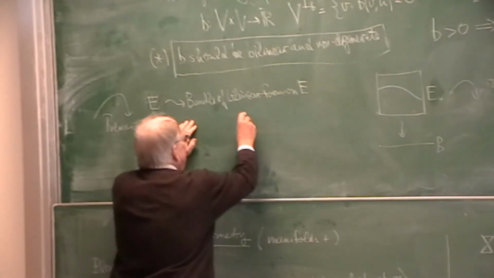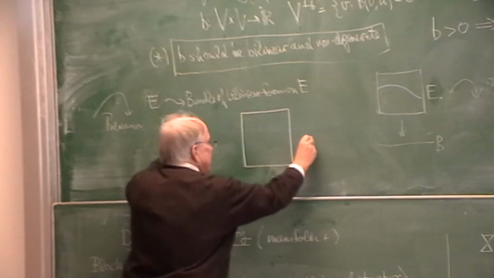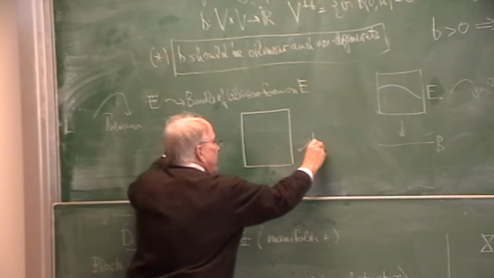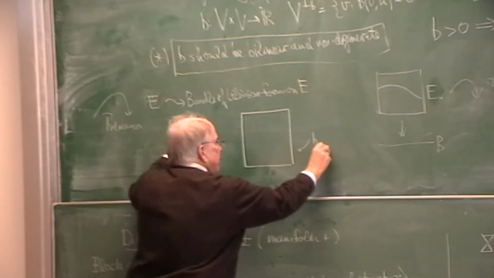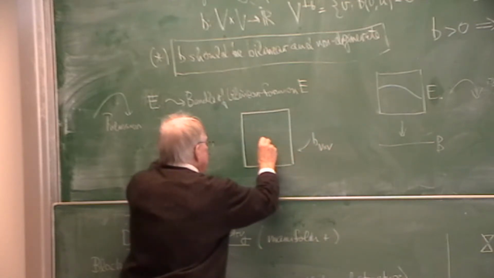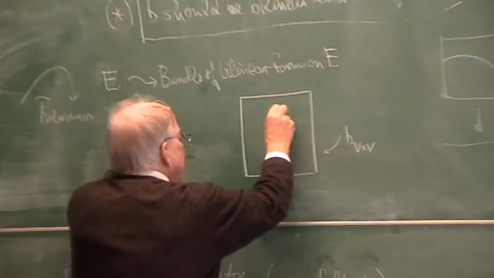You take, say, the space of bilinear forms on a vector space cross a vector space. Here's 0. Here is a positive definite form.